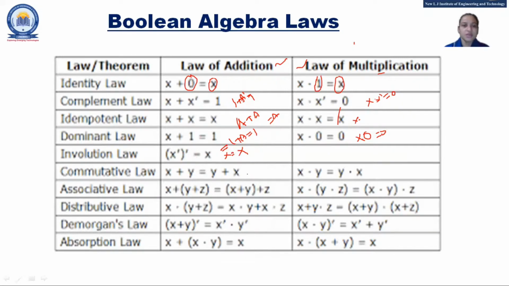Now for the commutative law, x plus y is equal to y plus x, and similarly x dot y is equal to y dot x. For the associative law, the operators are both the same, so we can associate any two variables in either sequence. Now for the distributive law, here the plus operator, and outside we have a product, so x dot y plus x dot z.